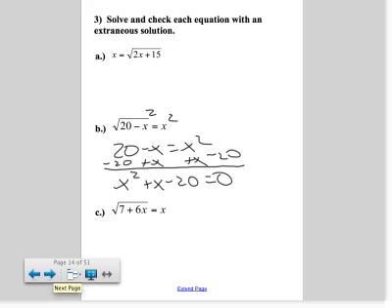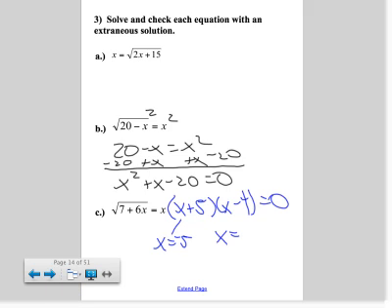Those two numbers are going to be positive 5, negative 4. So when I factor this, I get x plus 5, x minus 4 equals 0. Alright, so this means that x is negative 5, and this means x is positive 4. So those are my two solutions, but again, one of them is extraneous, one of them does not work.